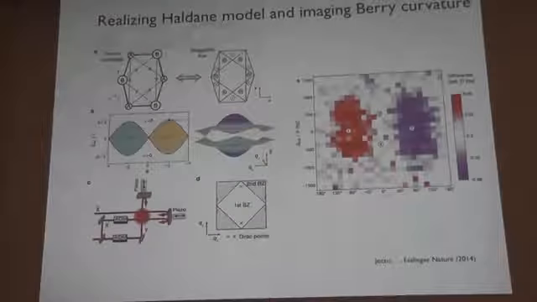But interestingly, just a couple of years ago, in fact 2 years ago, these people, Esslinger and Jotzu, were able to try and recreate the Haldane model in a cold atoms kind of setting. They were able to kind of measure the Berry curvature as well by using their cold atoms measurement.